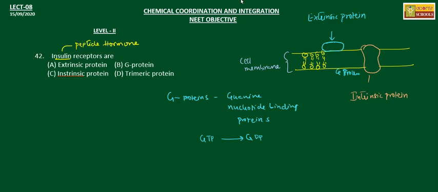So whatever signal comes from outside is transmitted into the cell, and the G proteins help in that process. Trimeric proteins, as the name tells, are made up of three proteins. So the insulin receptors are intrinsic proteins, so option C is right.